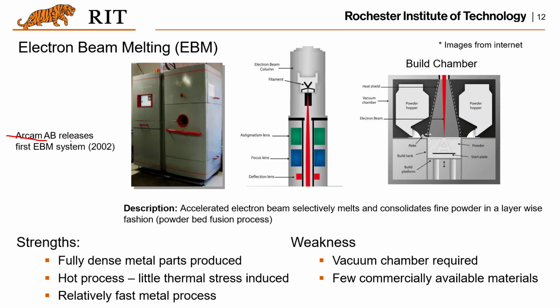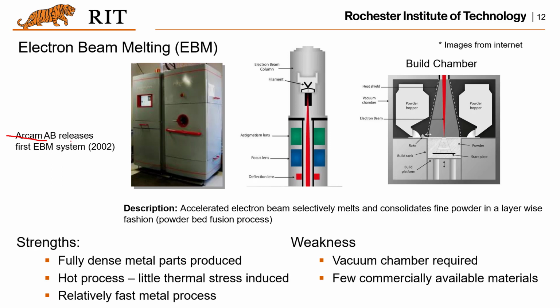The strength of this process is, again, it can produce fully dense metal parts, and it is a hot process, meaning the build platform is heated up such that little thermal stress is introduced. It's also relatively faster compared to selective laser sintering.